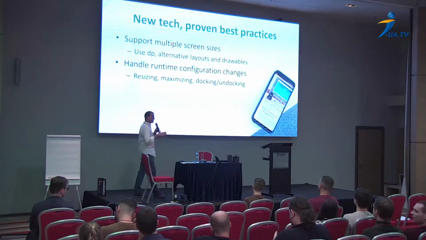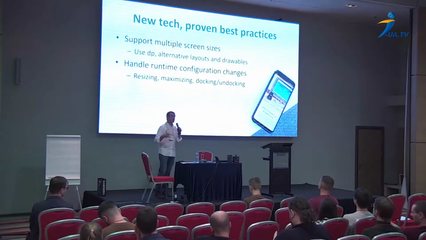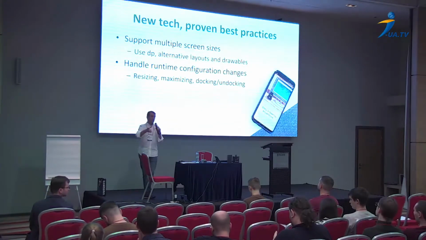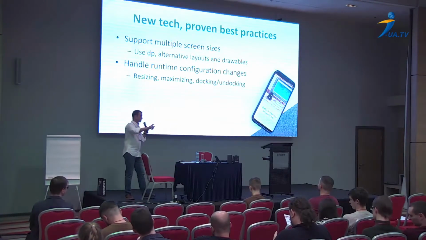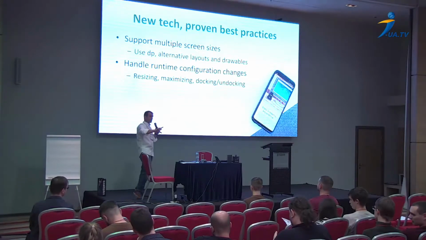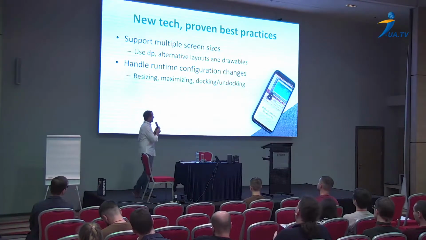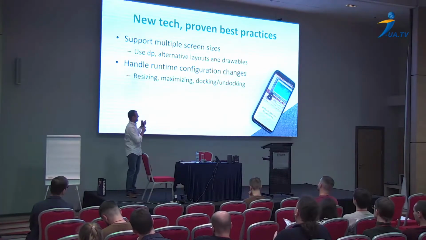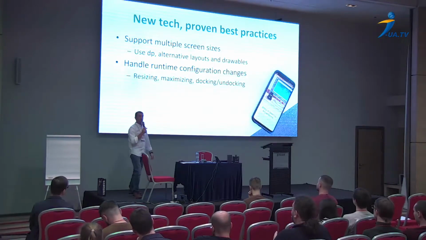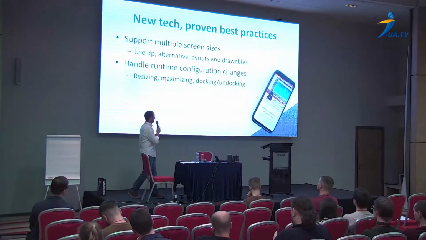And just like before, we have to handle runtime configuration changes. Perhaps you remember that when you turn your phone from landscape to portrait, your activity gets terminated and relaunched, right? Well, desktop mode adds a couple of new configuration changes that you need to consider handling.